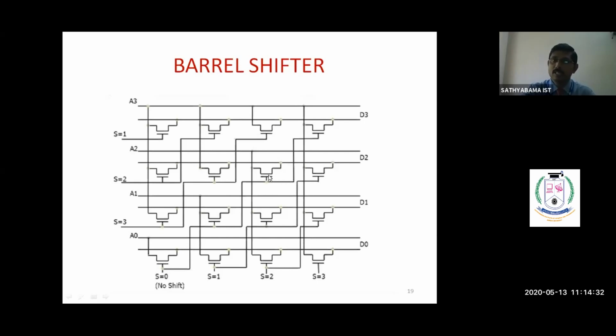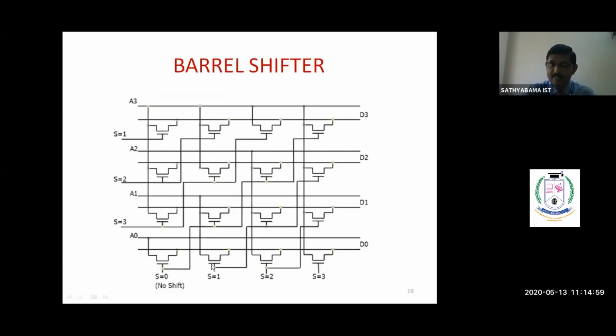Okay, so the control signal is passing to this transistor. Therefore, these transistors are getting activated. Therefore, this transistor is getting activated, which means this A0 value passes through this transistor to D0. That means it is passing through this transistor and reaching here, then it is going to D0. Therefore, A0 is coming to D0. Similarly, A1 is coming to D1. Suppose I am going to make 1-bit shifting, I am giving the control signal value 1 here.